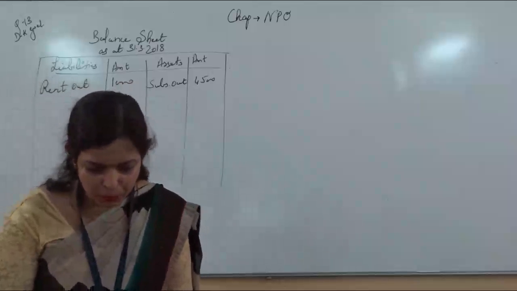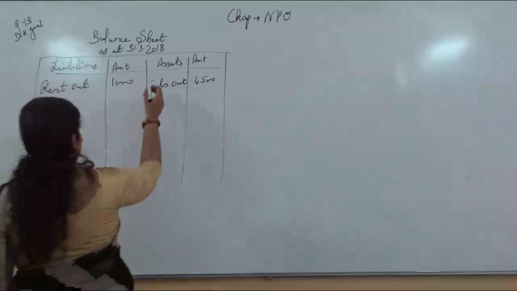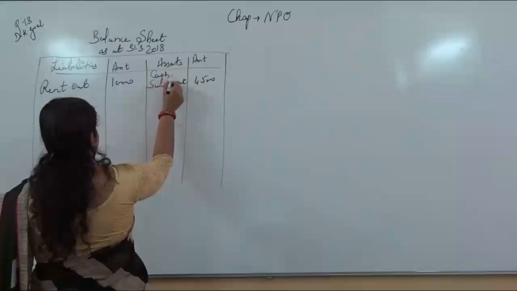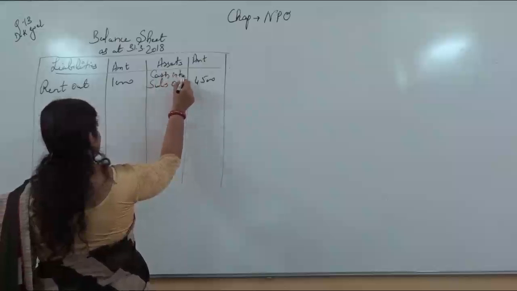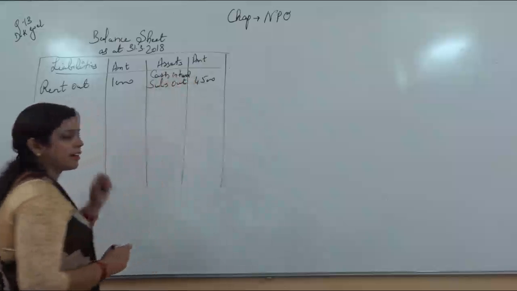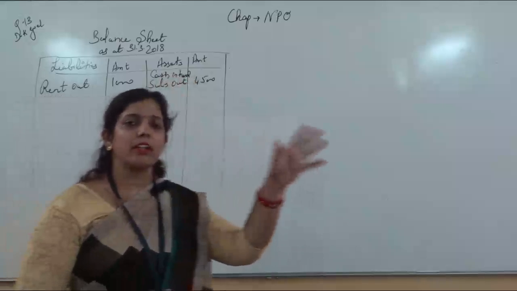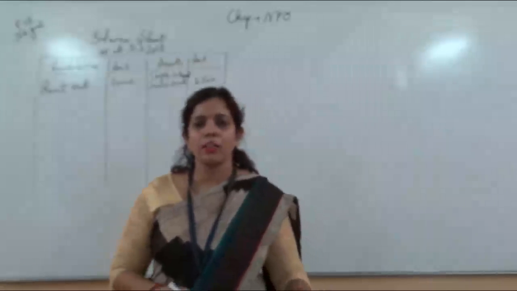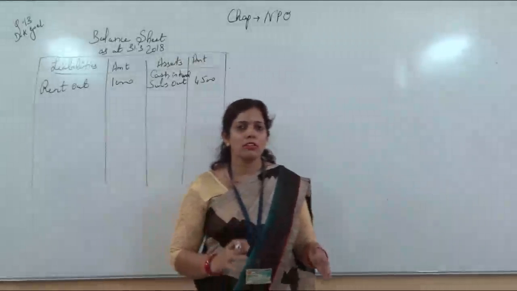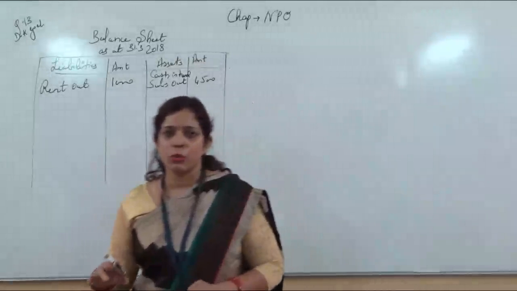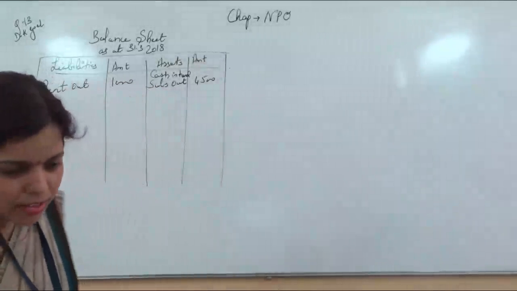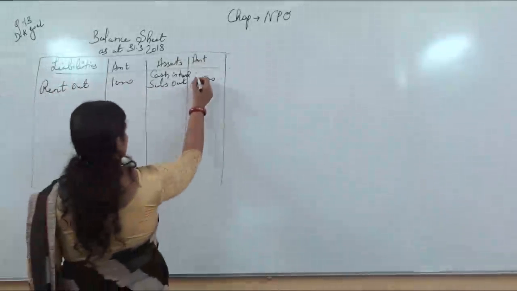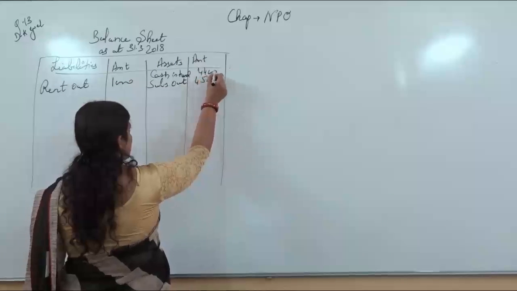Then cash in hand, the first item you should always write is cash in hand. Where will you find this cash in hand? At the beginning of the receipt and payment, it starts with the balance. Beginning balance is always related to the previous year, so it will be taken in the previous year balance sheet. How much cash in hand is there? 4,400.